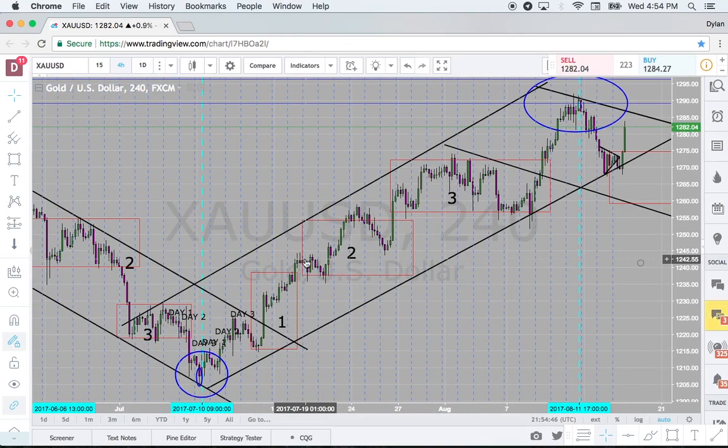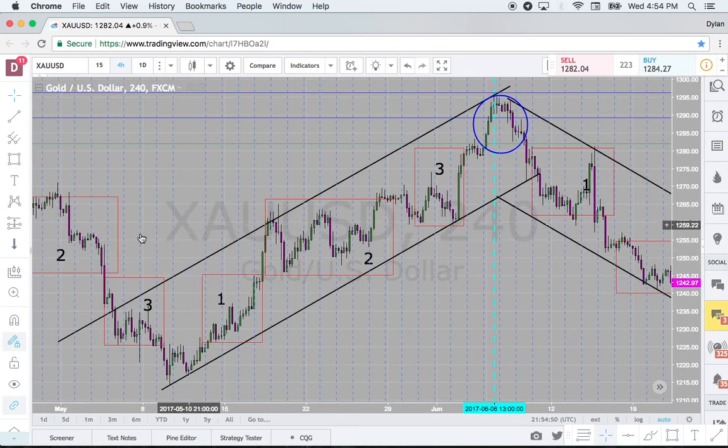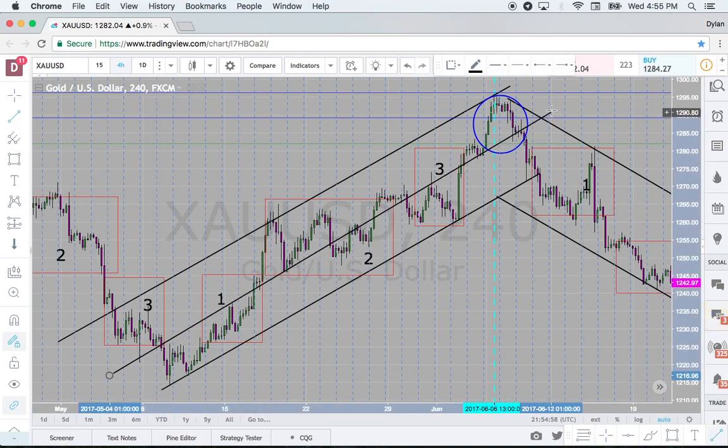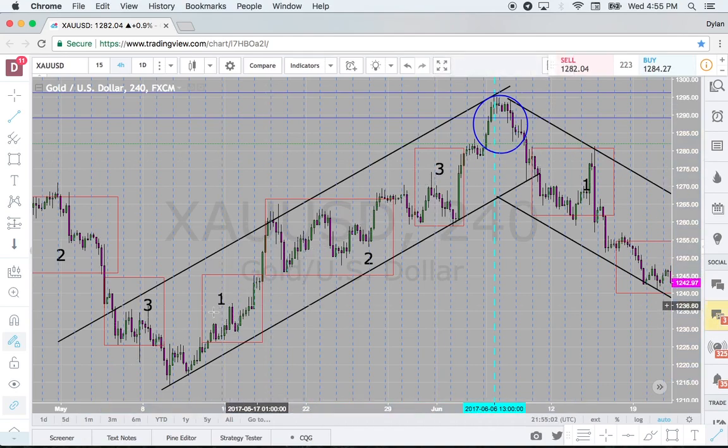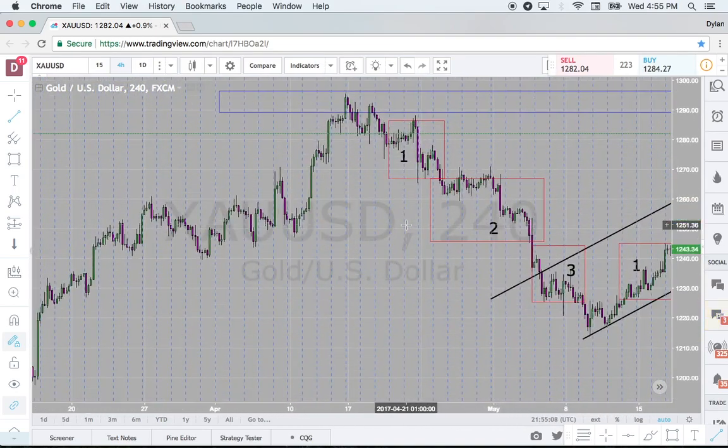Let's use this trend as an example. Now, this is clearly an uptrend, correct? But before it was an uptrend, it was a downtrend. That's pretty obvious.